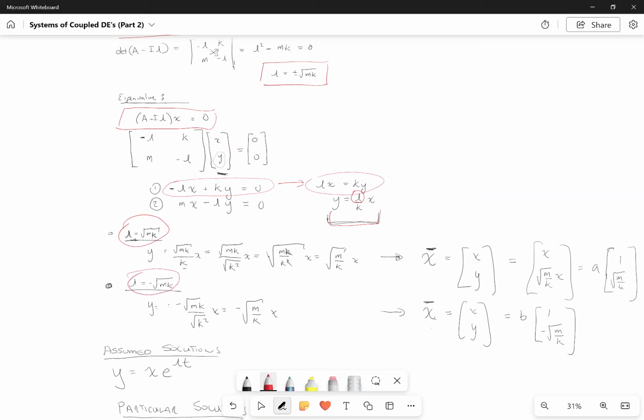Basically, what I'm doing is putting y in terms of x in this column vector. So here I have square root mk times x, and here I had negative square root m over k, sorry, this should be times x. I realize, I see that now. x is any value, it's a constant, so I just moved it to a, actually.